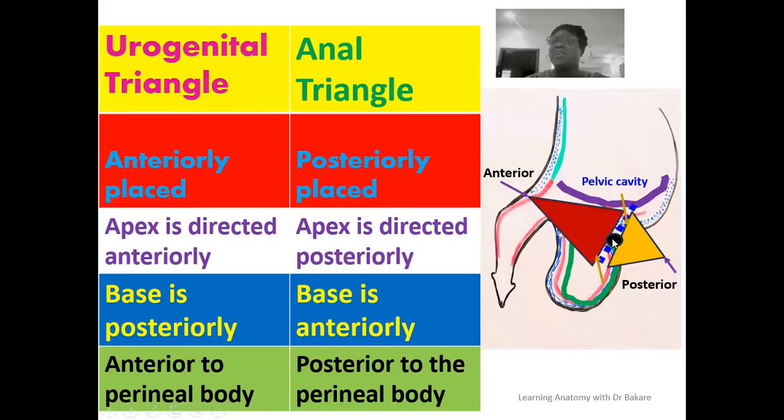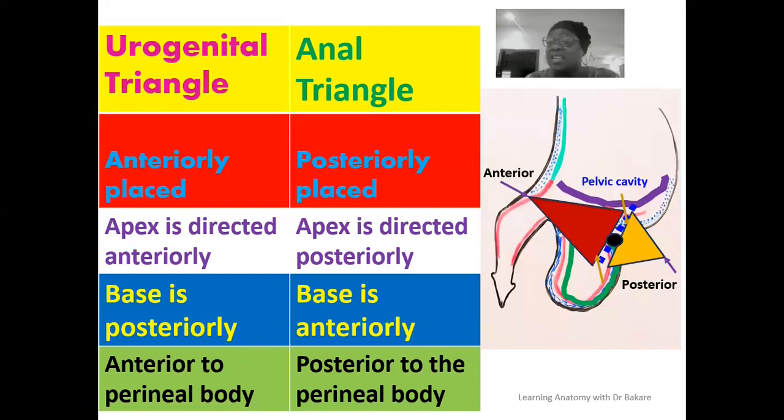So in terms of how they are positioned, the urogenital triangle is located anterior to the perineal body, while the anal triangle is located posterior to the perineal body, because the perineal body here is standing as an intercept between these two triangles. While one is located anterior to it, the other one is located posterior to it.